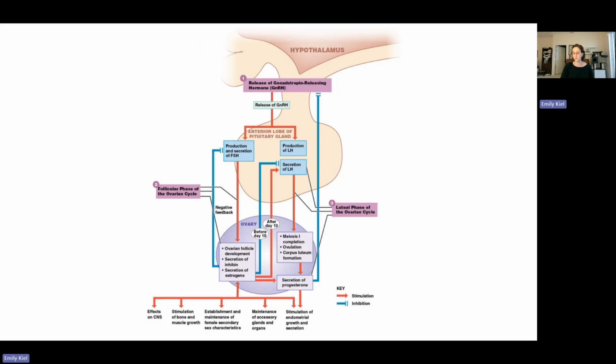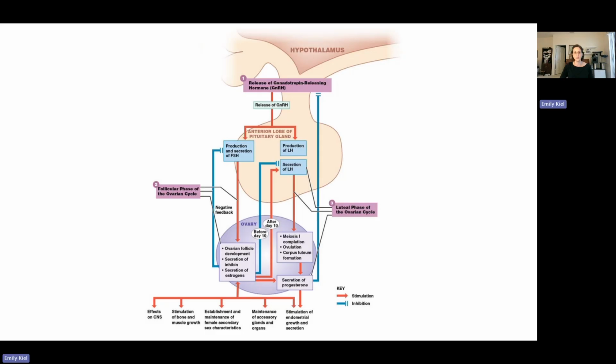After ovulation, luteinizing hormone causes that corpus luteum to be formed, and then that corpus luteum is using the progesterone to hold on to that pregnancy.